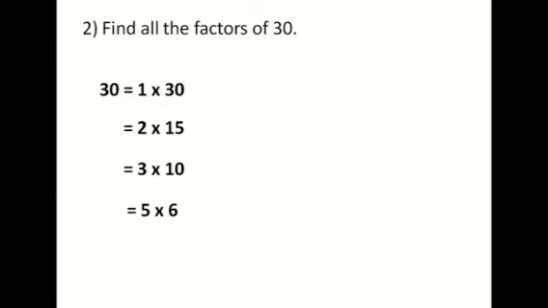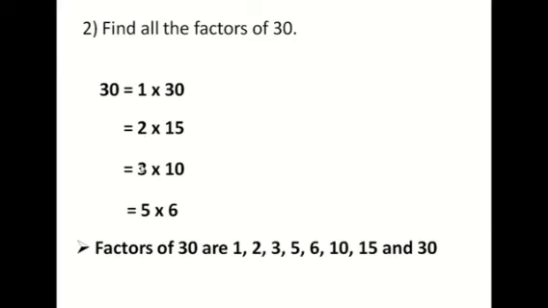So we will write down the factors of 30. What are those? 1, 2, 3, 5, 6, 10, 15 and 30. So please write it: the factors of 30 are 1, 2, 3, 5, 6, 10, 15 and 30. These are very easy sums, so please work them out.